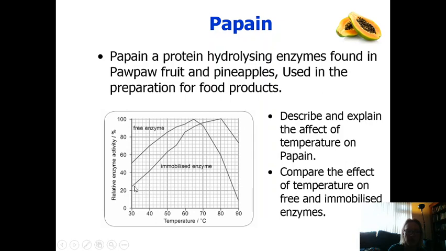With the immobilized enzyme, the optimum is at 80 degrees. And with the free enzyme, you can see that it starts to denature, so the enzyme activity decreases, whereas with the immobilized enzyme, yes, it does start to decrease, but it's not decreasing as rapidly at that point.